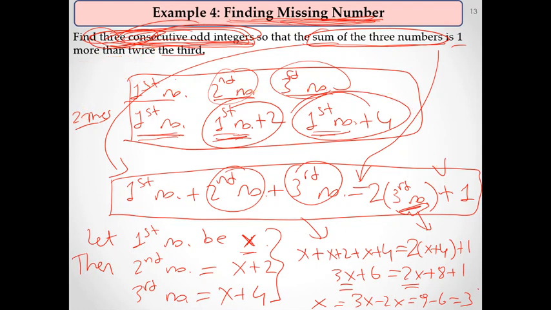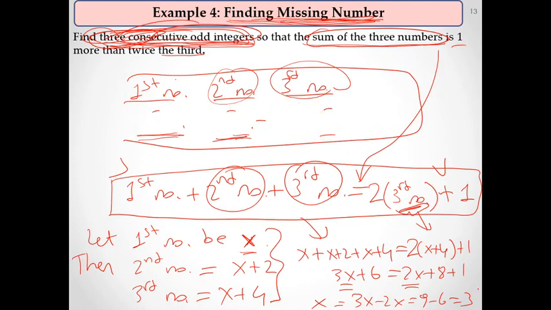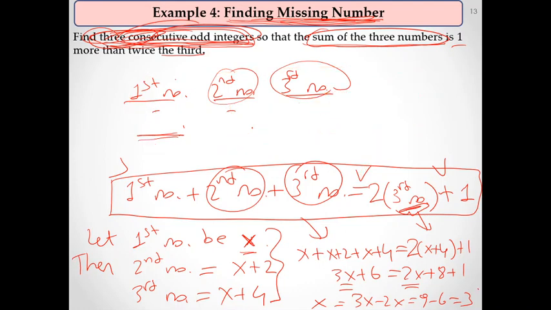Now we got x equal to 3. Let's get back to our problem and check if 3 is okay. If x is 3, then the first number is 3, the other one is 5, and the other one is 7. Is it true? Does it satisfy this? 3 plus 5 plus 7 equals 1 more than 2 times the third, 7 plus 1?